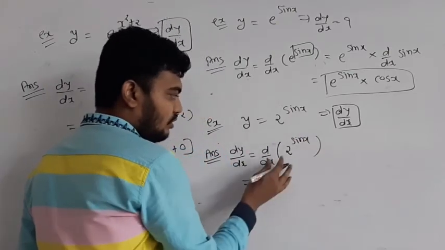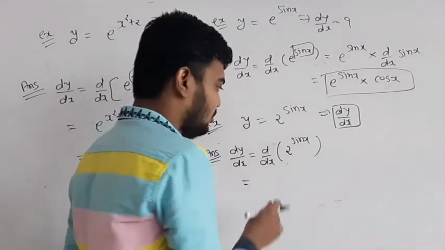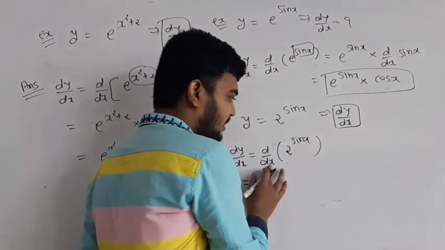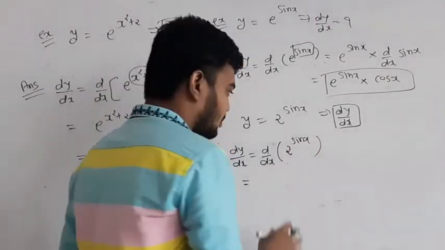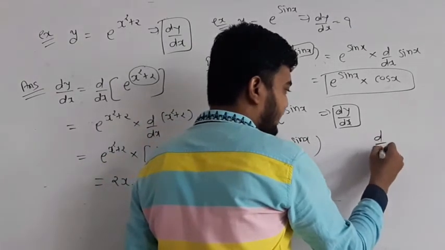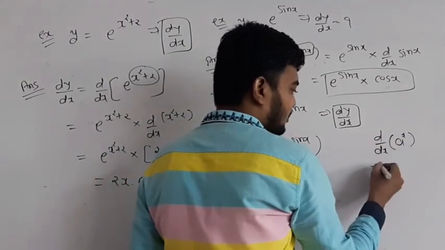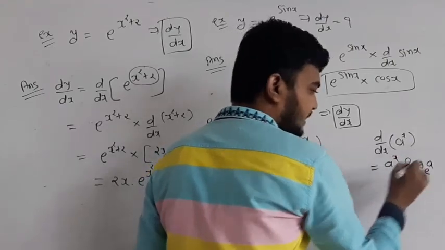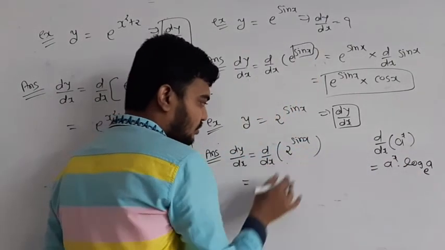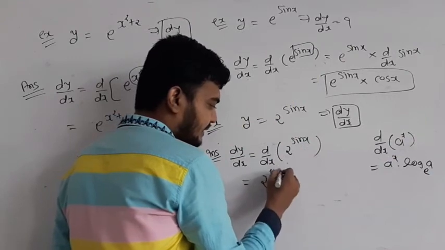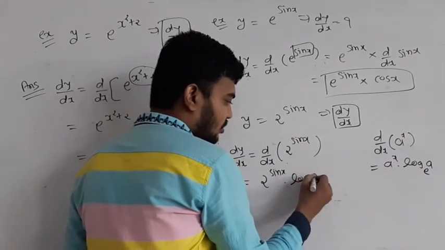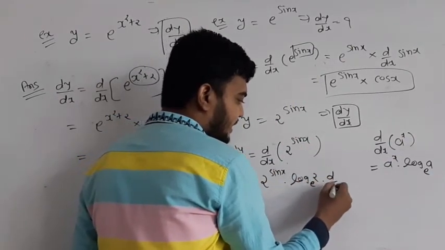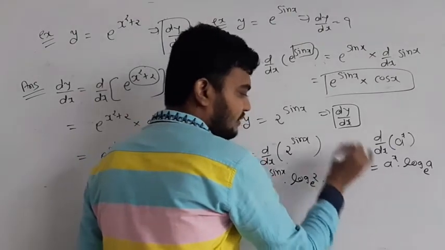Here it is constant raised to variable, because 2 is constant and sin x is a variable. So it is of the form d by dx of a raised to x. The derivative of a raised to x is a raised to x into log a base e. So the derivative of 2 raised to sin x is 2 raised to sin x as it is, log 2 base e, but d by dx of sin x as well.